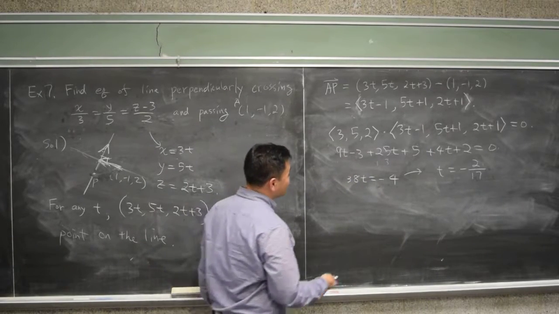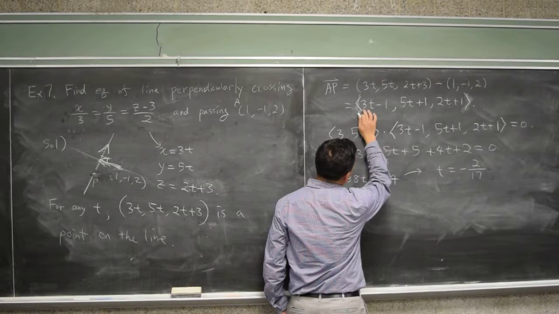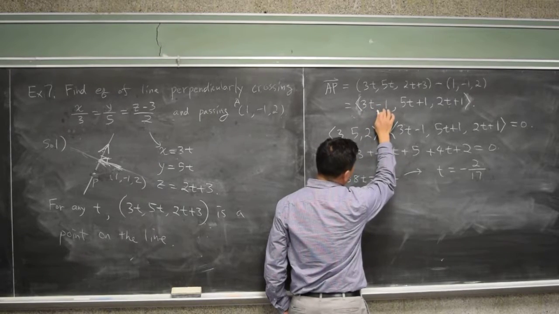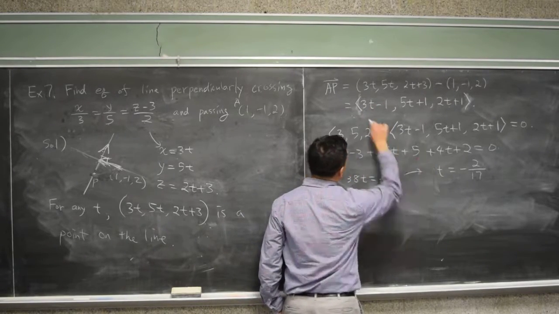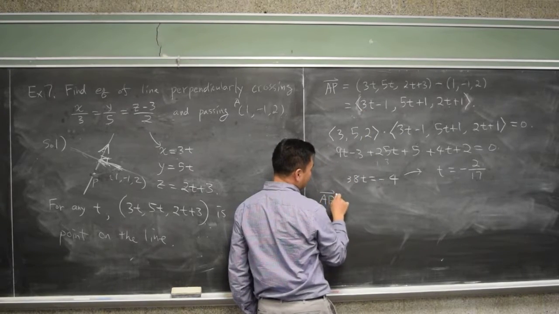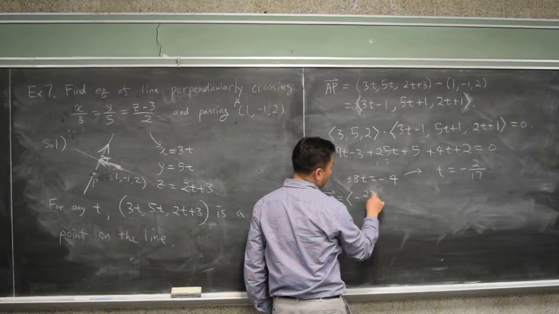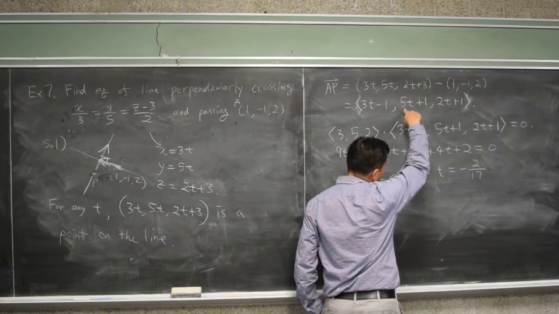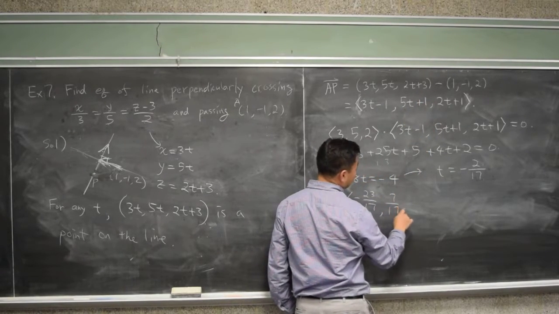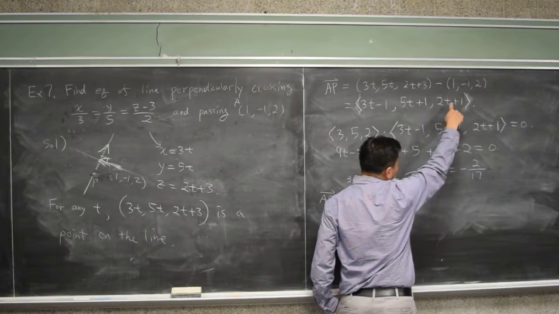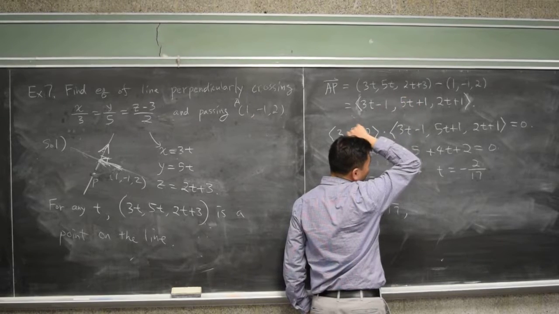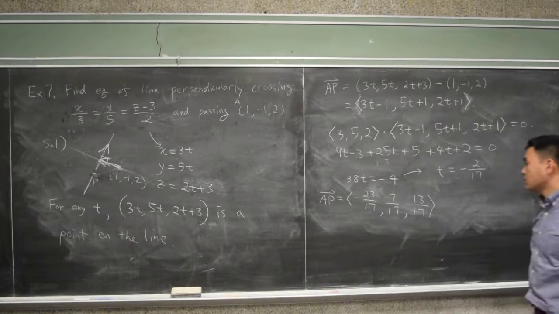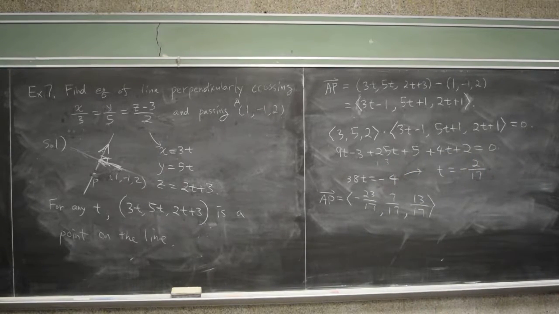So let's plug it in. AP vector is now negative 23 over 17, then negative 10, 7 over 17, then negative 4, 13 over 17. That's the direction of the line.